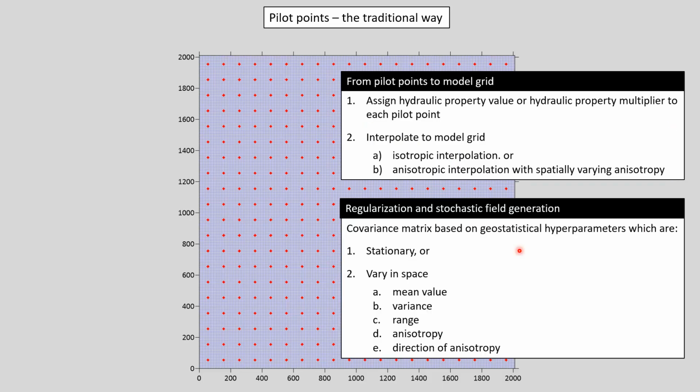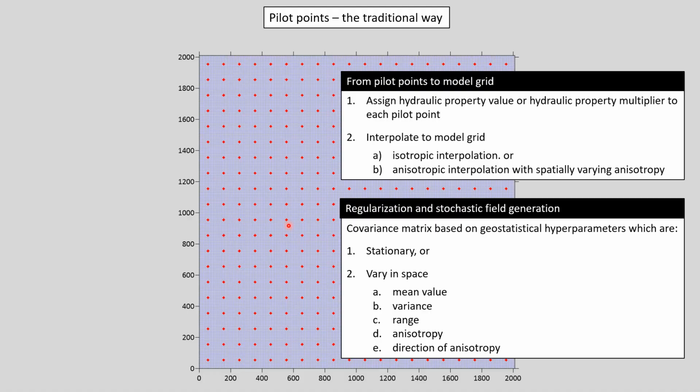When we use pilot points, however, we have to use a covariance matrix as well. So we assign hydraulic property values to the pilot points, we interpolate to the model domain, and then we use these interpolated values, or the parameter values that we assign to the pilot points, to do a variety of different tasks, principal among which are calibration if we're using PEST, or perhaps ensemble-based inversion if we're using PESTPP-IES.